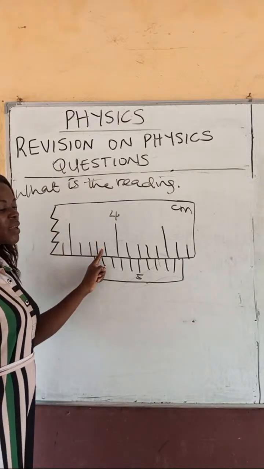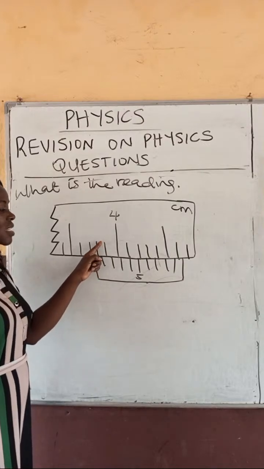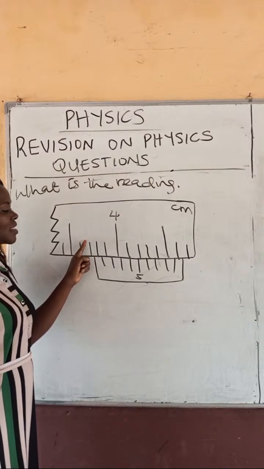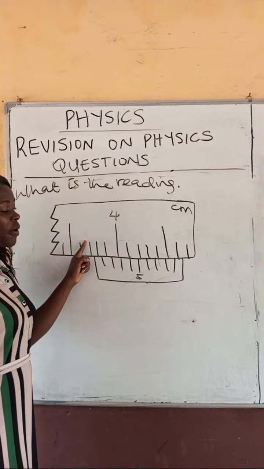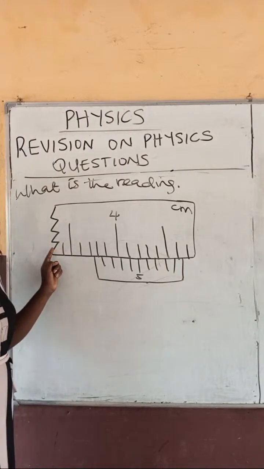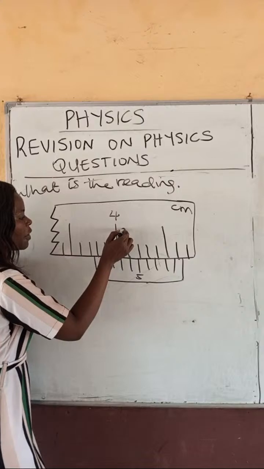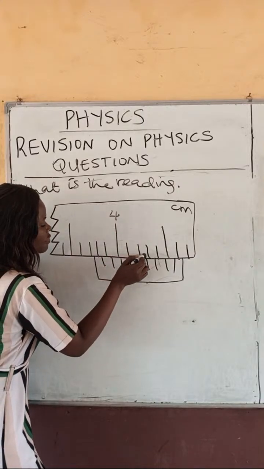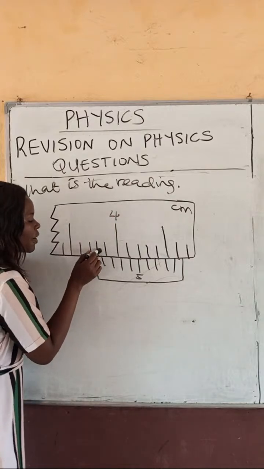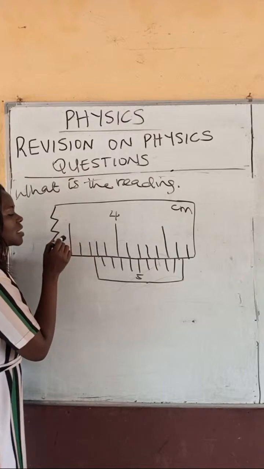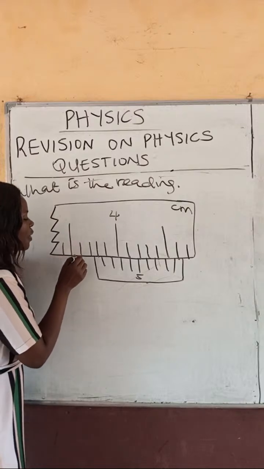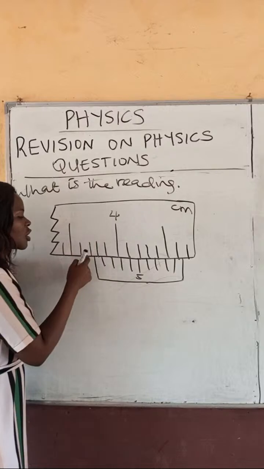If this is 4, what is supposed to be here? 3.9, 3.8, 3.7, 3.6, 3.5, and 3.4. Let me go again. If this is 4.0, here is 4.1, 4.2, 4.3. And if this is 4.0, here will be 3.9, 3.8, 3.7, 3.6, 3.5. Do you understand? So coming this way, this is 3.5, 3.6, 3.7. So this line is 3.7.